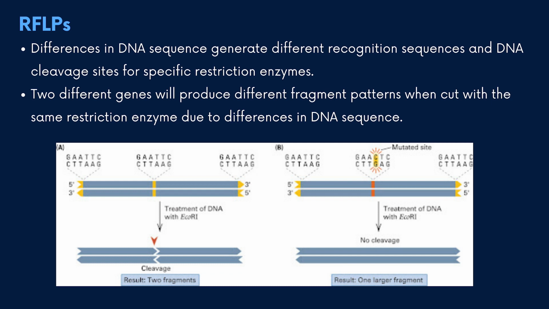Two different genes will produce different DNA fragment patterns when cut with the same restriction enzyme, due to differences in DNA sequence or due to the presence of the restriction site at a different location in the two DNAs. That is why this analysis helps in identifying different strains, different individuals or different genes.